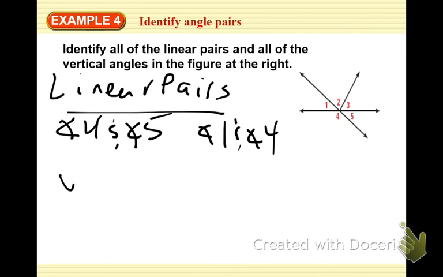All right, how about vertical angles? Anybody find vertical angles? 1 and 5. 1 and 5 would definitely be it. Is that what you're looking at, Shelby? 1 and 5 would definitely work. And the only pair in there.